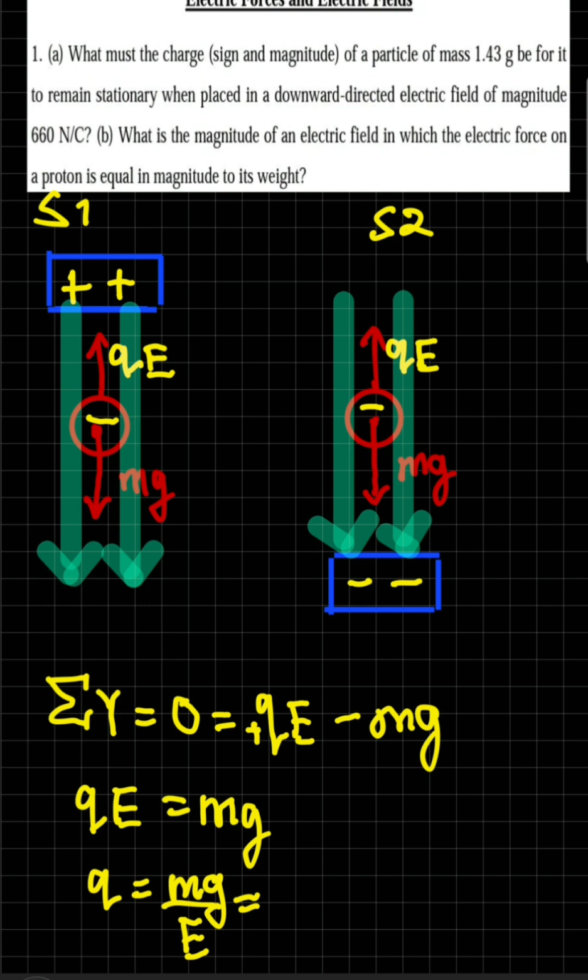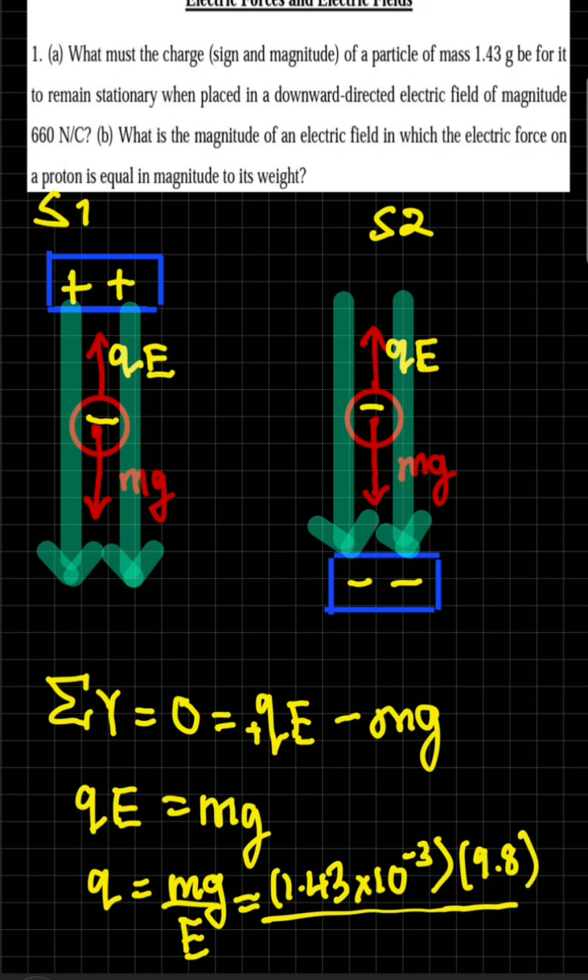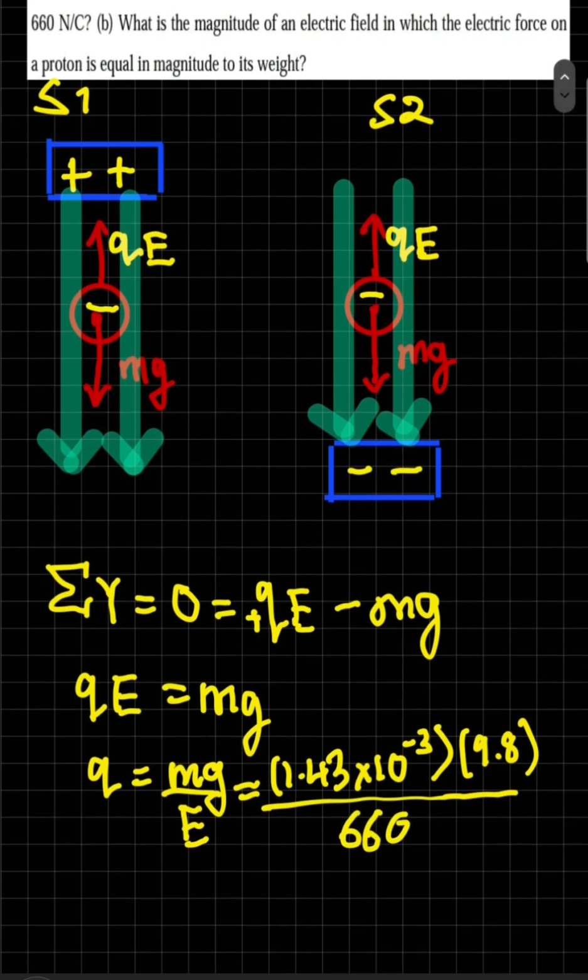So we have 1.43 times 10 to the power negative 3 kg, multiplied by 9.8 meters per second squared, divided by the electric field, which we were given as 660 newtons per coulomb.